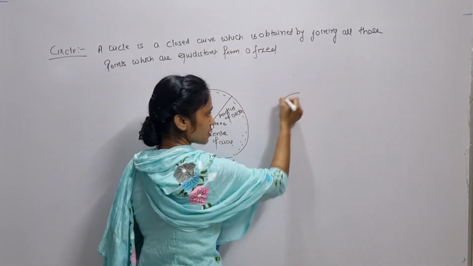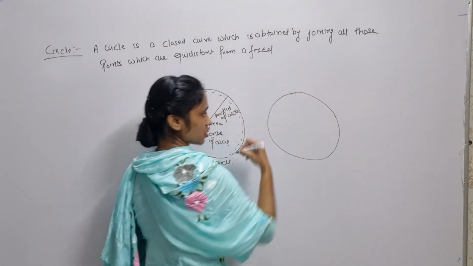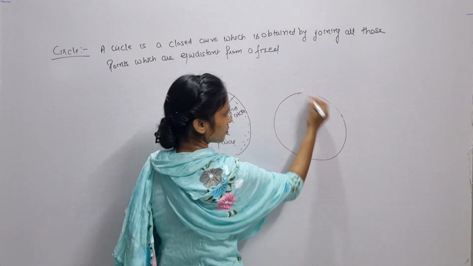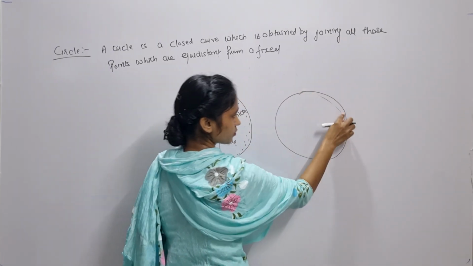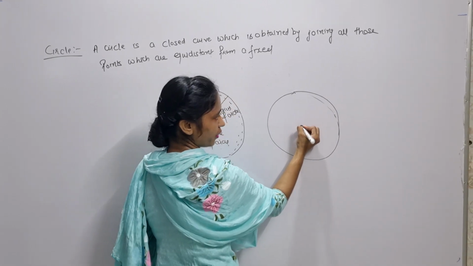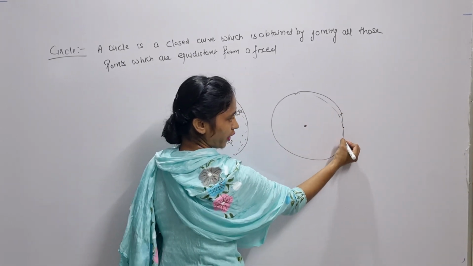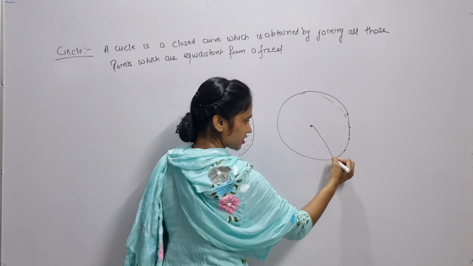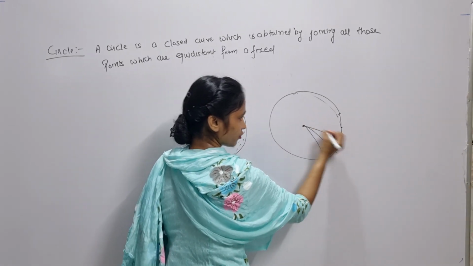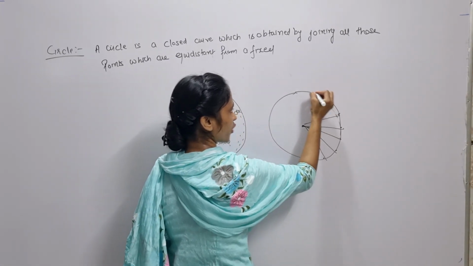Okay, a circle is a closed curve which is obtained by joining all those points which are at the same distance from the fixed point.